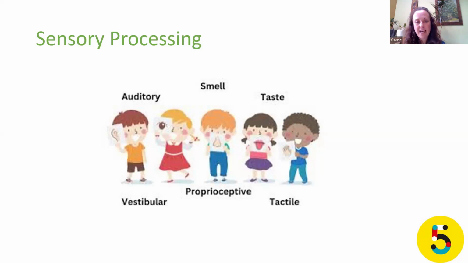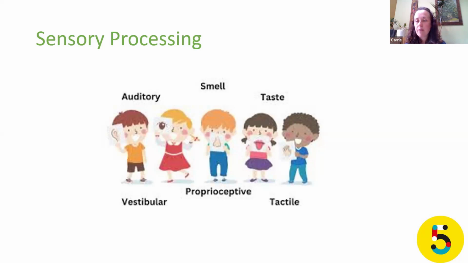Sensory processing obviously covers all the 5 areas, with our hearing and our smell and our taste, but it's also important to think about perception, so thinking about that space around the child and how they are thinking, but also interoception, so what's going on inside for that child as well.